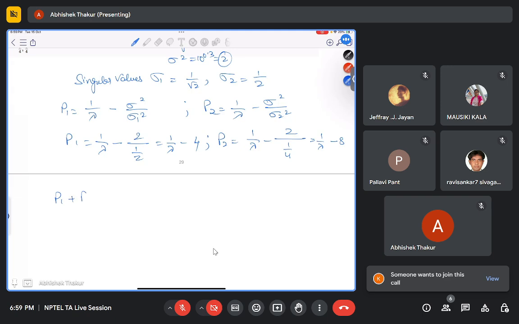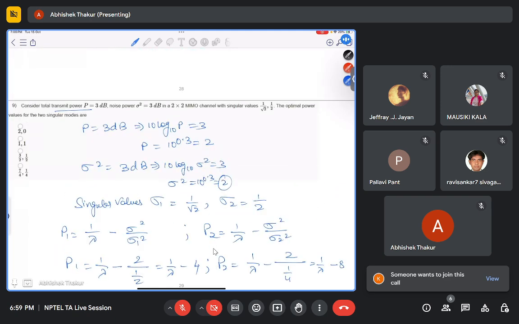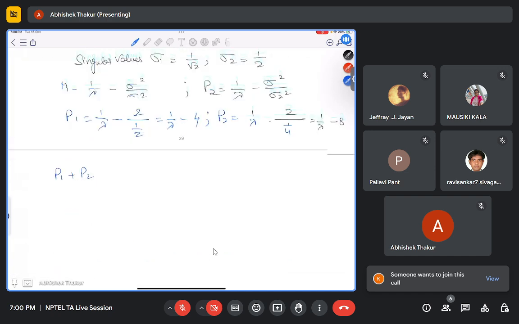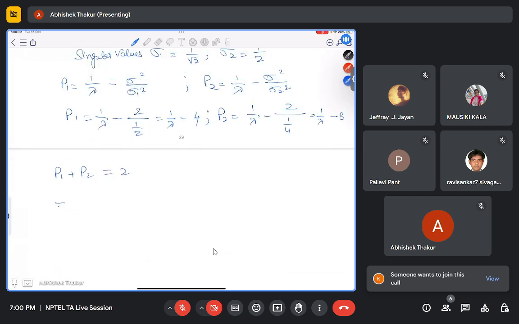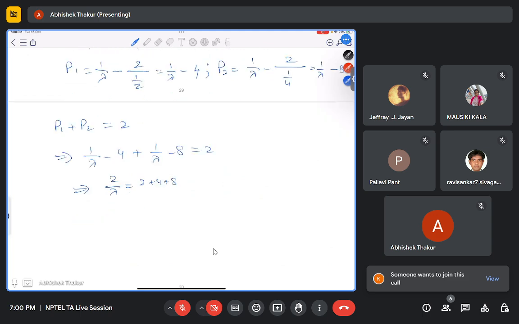Now the total power P1 plus P2 is given as 2. This implies that P1 is 1 by lambda minus 4 and P2 is 1 by lambda minus 8. So 2 by lambda is equal to 2 plus 4 plus 8, so 1 by lambda is equal to 14 by 2, that is 7.